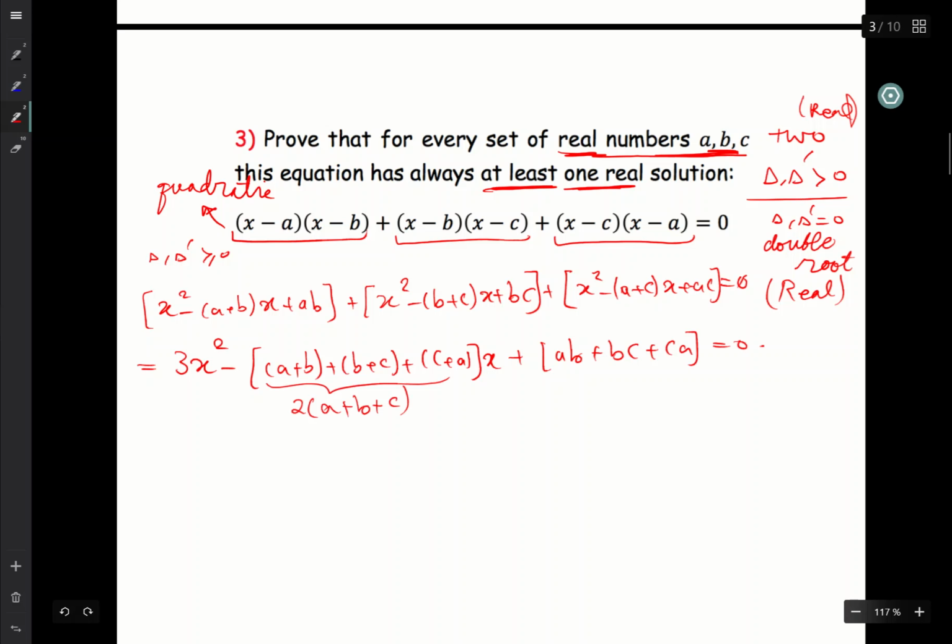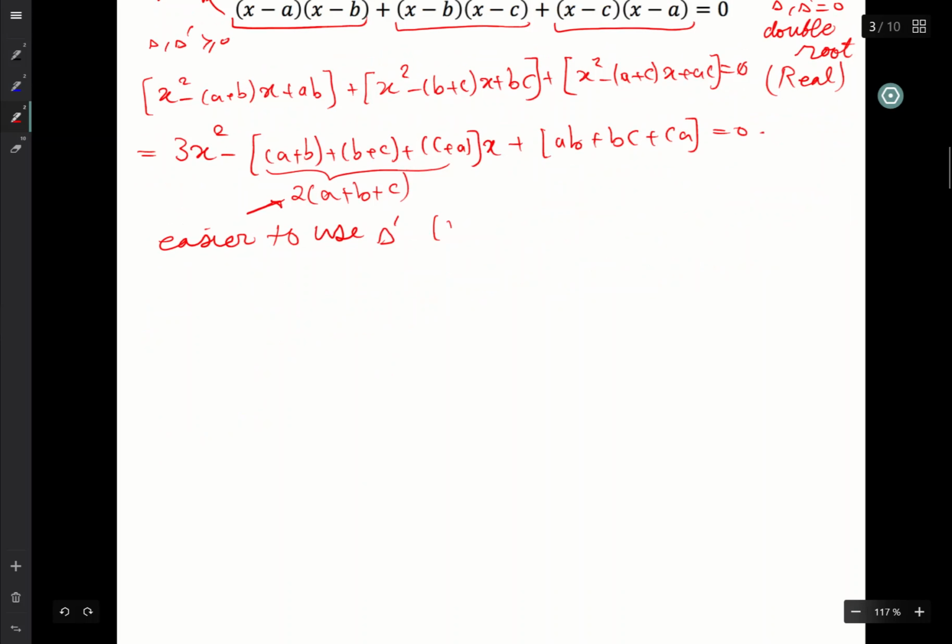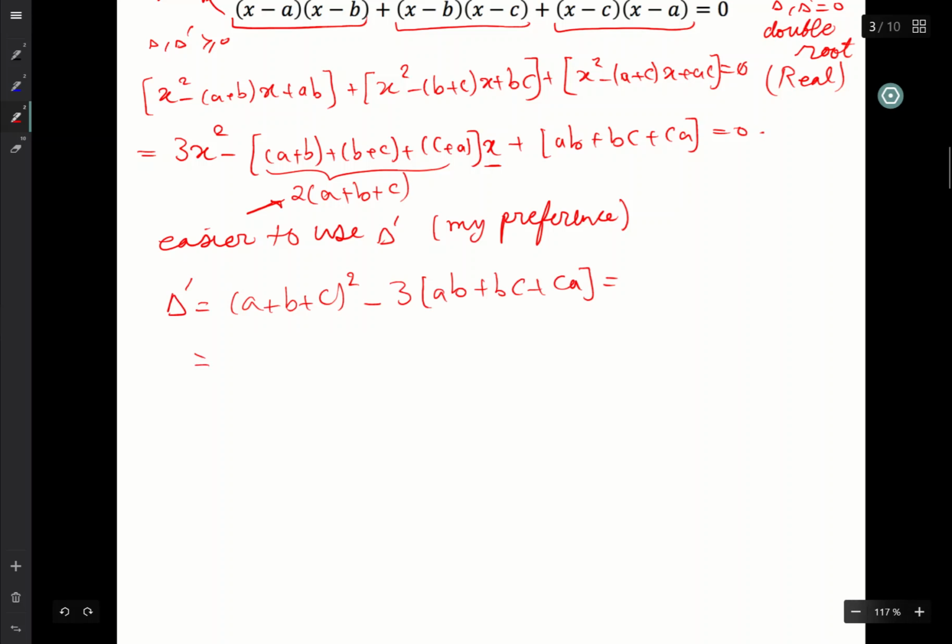Because there's a factor of 2 here, it's easier to use delta prime. That's my preference: when I see a 2 in the coefficient of x, I always use delta prime. So delta prime is b squared minus ac, right? So (a plus b plus c) squared minus 3(ab plus bc plus ca).